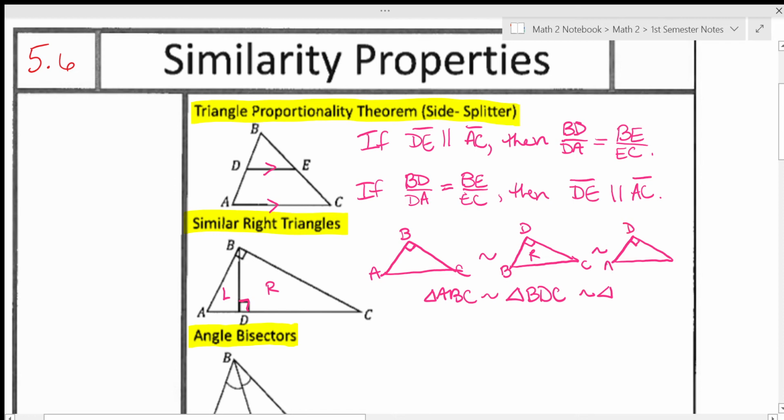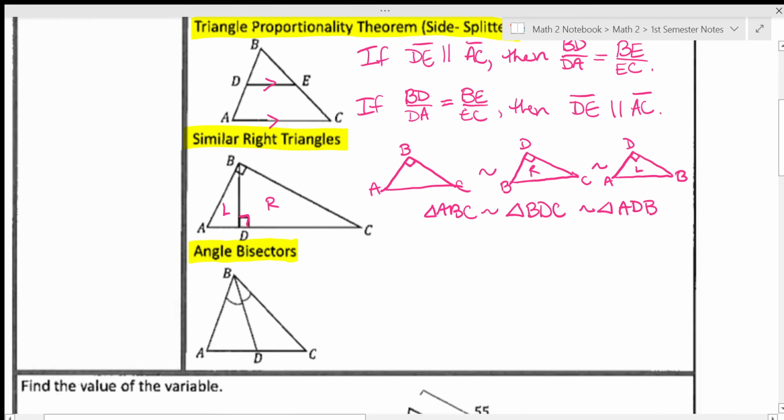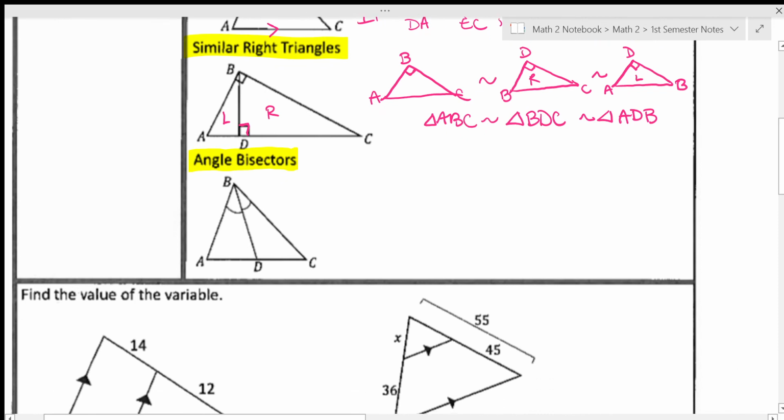And then my smallest triangle, that left triangle, would be ADB: A to D being my short side, D again being my right angle, and B being my long side. So if we have a right triangle that is split into two other right triangles, then all three of those triangles are similar.